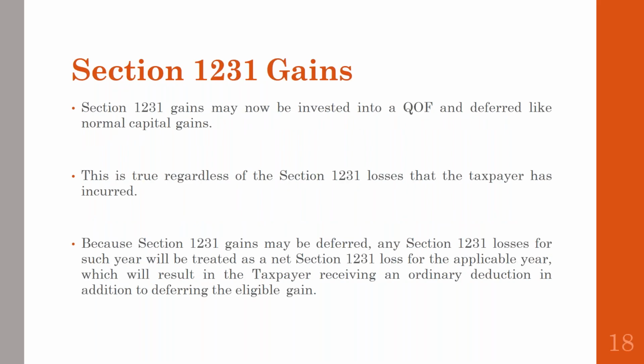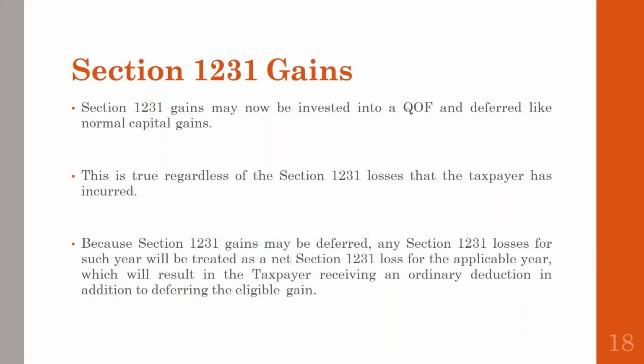All right. With respect to 1231 gains, it's been clarified that the 1231 gains can now be invested in a QOF like a normal capital gain. And what's nice with the clarification here is it's regardless of whether you have losses or not. So the 1231 gains can be invested in the QOF. They don't have to be netted against the losses. And if you invest those gains in the QOF, then what's nice is you still have those losses.